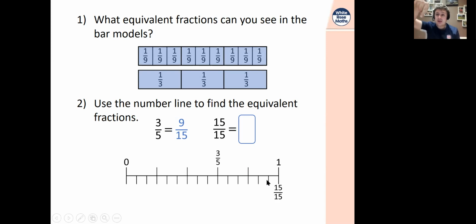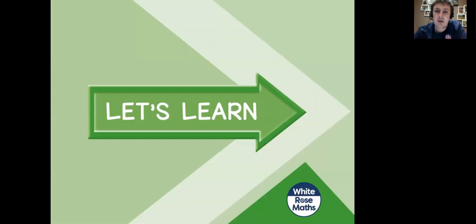When the numerator is the same as the denominator, it's one whole. So 15/15ths would be the same as how many fifths? The numerator would have to equal the denominator, so it'd be 5/5. Remember, numerator equals denominator is one whole. Okay, let's get on with some learning for today.